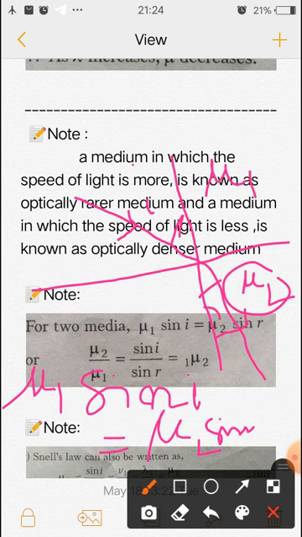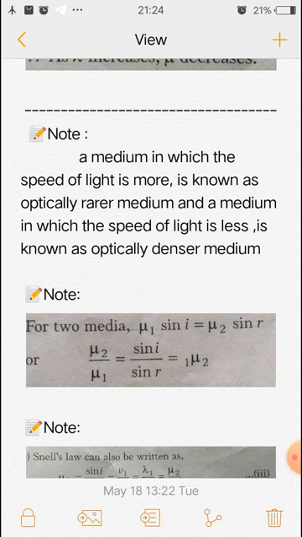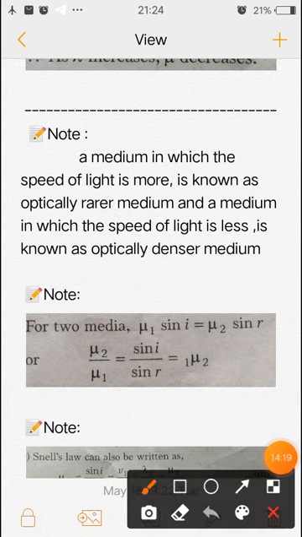This angle is r. This is the relation you have to remember.